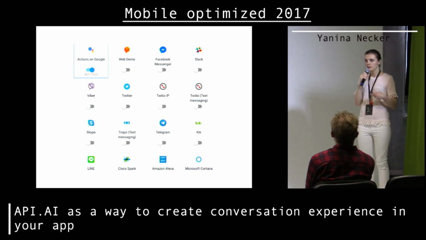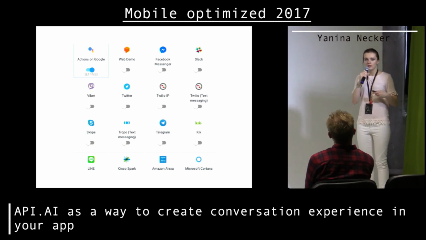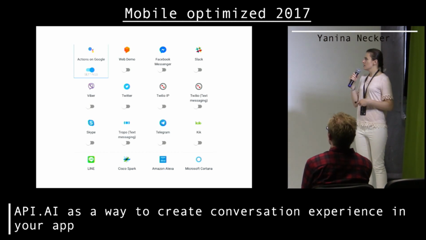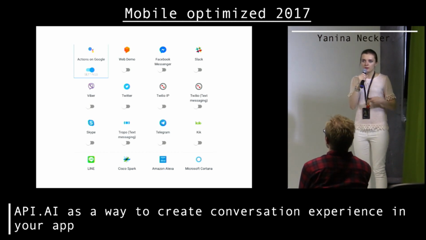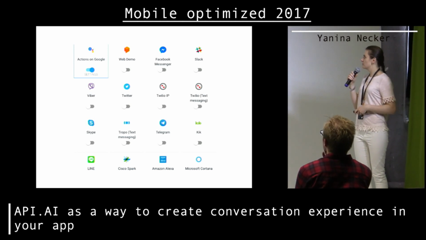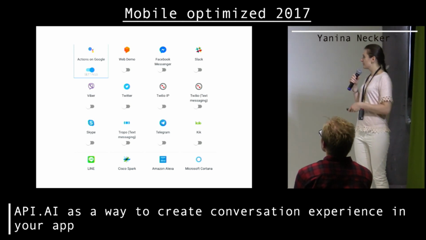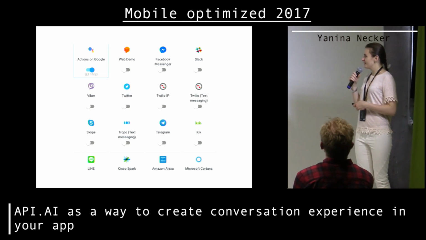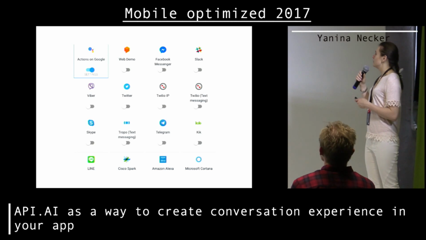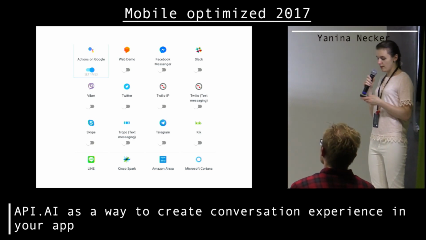If you have a bot, you can enable it through API.AI on Actions on Google, and it will be available. You'd later need to publish it, or you can just use your developer application in developer mode and work with that. It's also available for Amazon Alexa, and I love it how they put it at the very end, like it almost doesn't matter. And it's also available on Slack and a bunch of others.